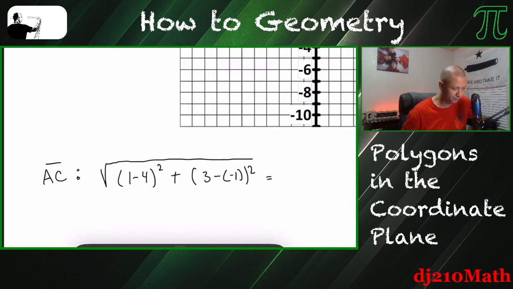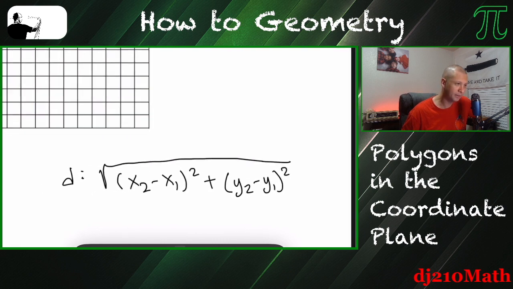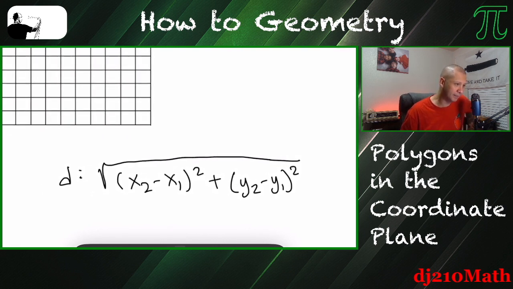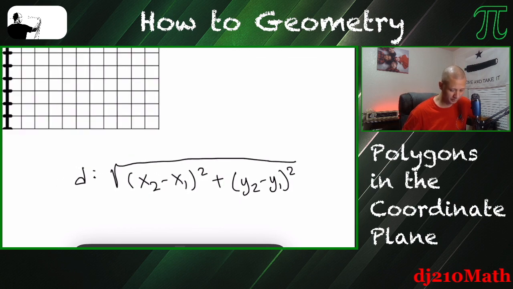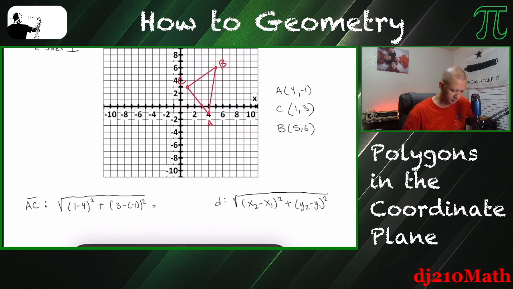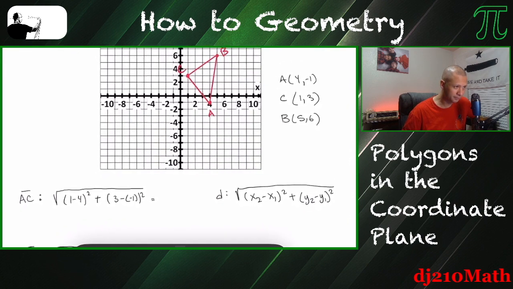By doing that, we're using the distance formula, right here: the square root of the difference in the x's squared plus the difference in y's squared. So feel free to pause the video and work this out for yourself.